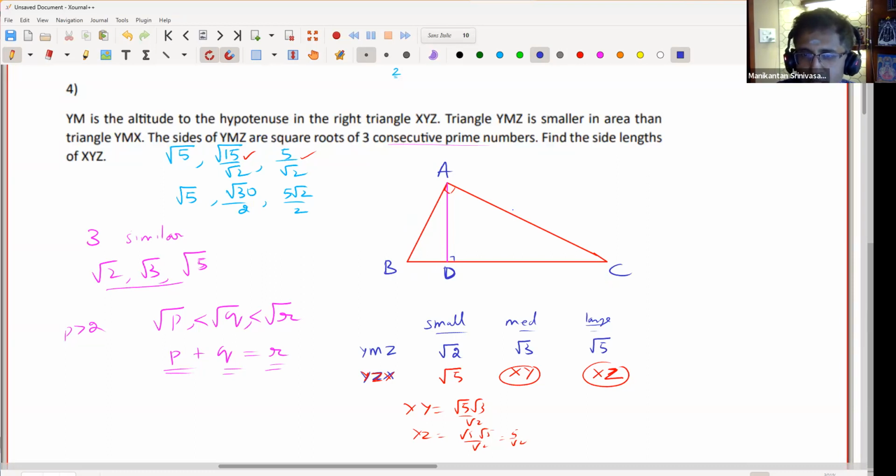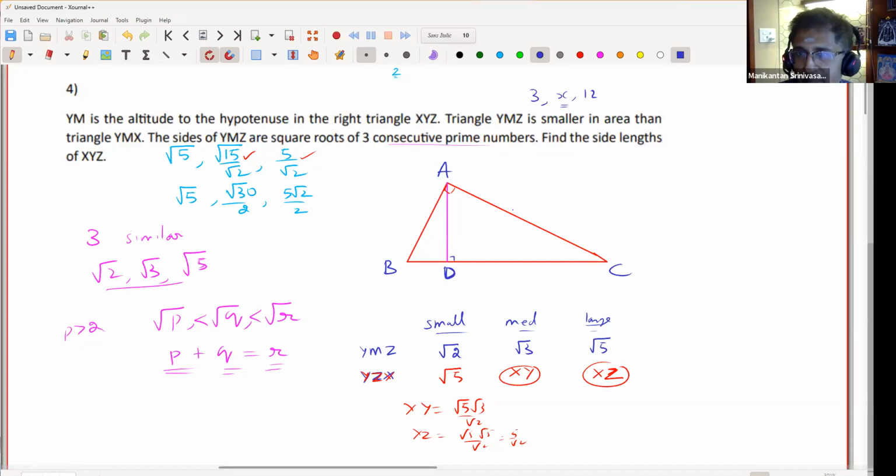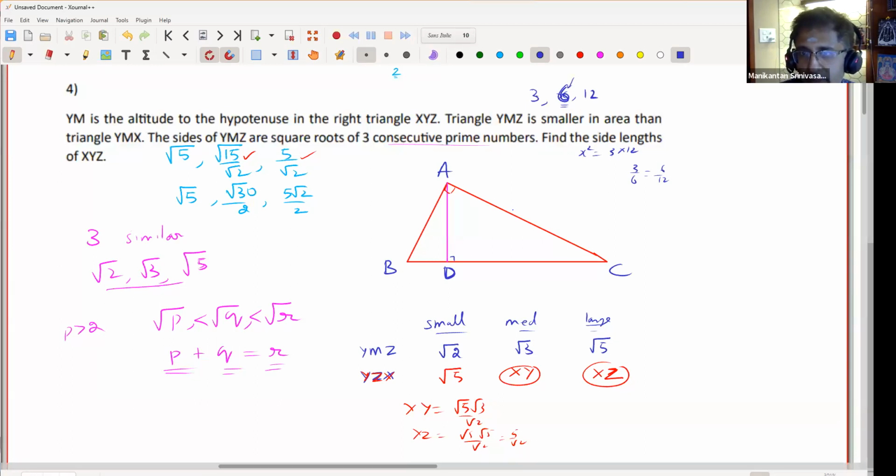What is geometric mean? Suppose I have 3, x and 12, and x is the geometric mean of 3 and 12. That means x square should be 3 into 12, which means x is 6. In other words, 3 by 6 should be 6 by 12. What is a number I can insert where the ratio 3 by x will match x by 12?